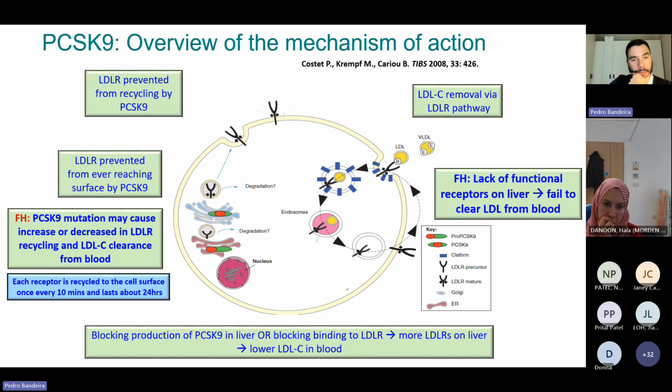By preventing the recycling of the LDL receptor, there is less uptake of cholesterol from the bloodstream, which causes high cholesterol. If you target the PCSK9 protein with PCSK9 inhibitors, there's more LDL receptor in the liver, and therefore low LDL cholesterol in the bloodstream.